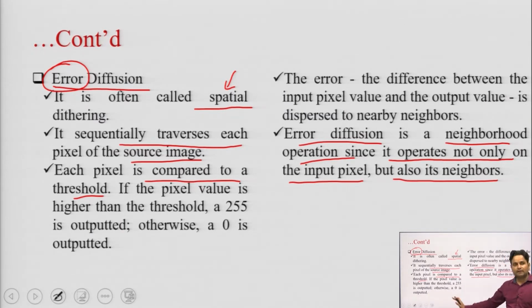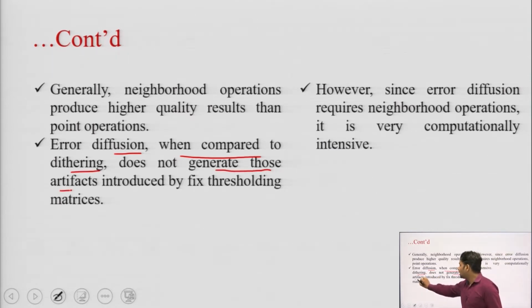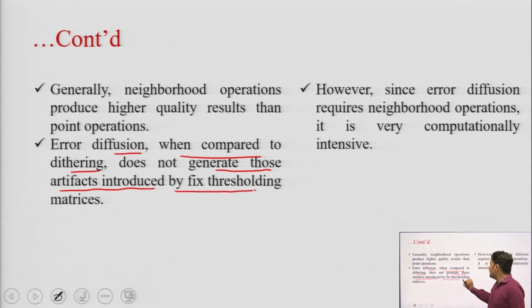Okay. So, the dithering process of digital halftoning is there, but a slightly more advanced version of dithering is present in error diffusion, where we choose to operate on neighborhood pixels. Okay. Now, if we talk about the output of error diffusion, see, error diffusion, when compared to dithering, does not generate those artifacts introduced by fixed threshold matrices.